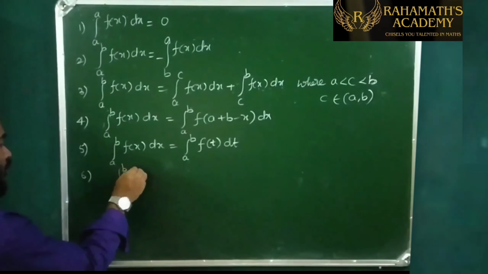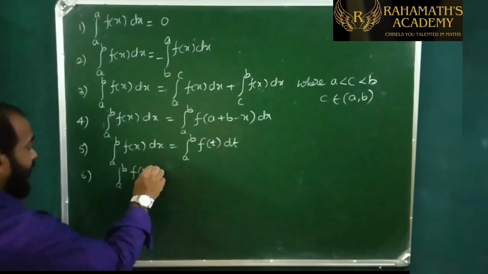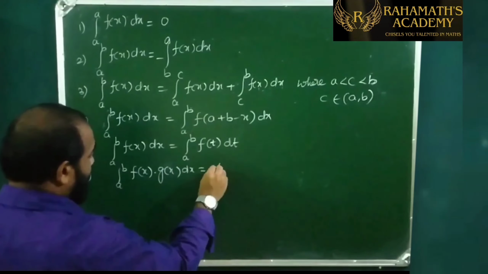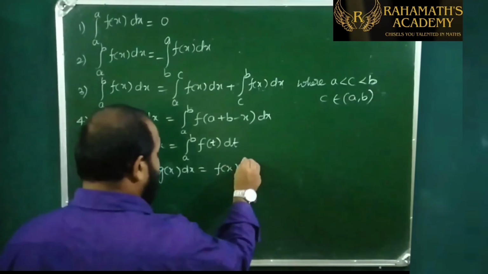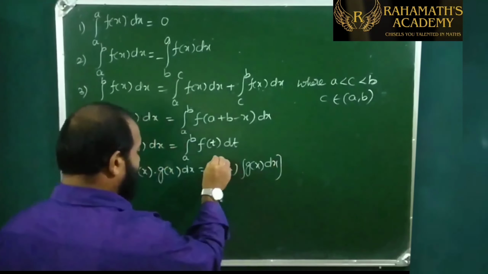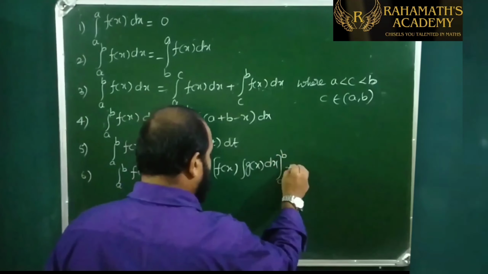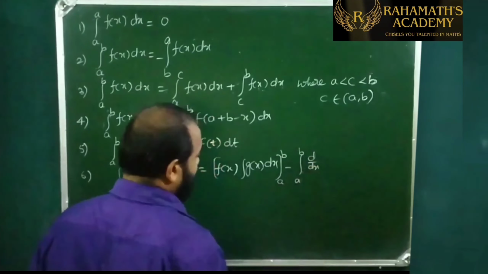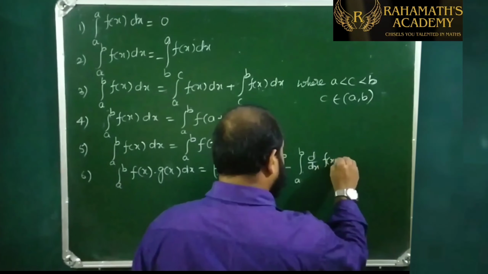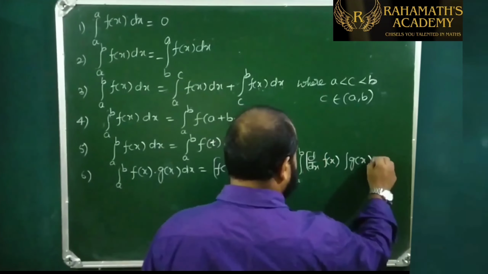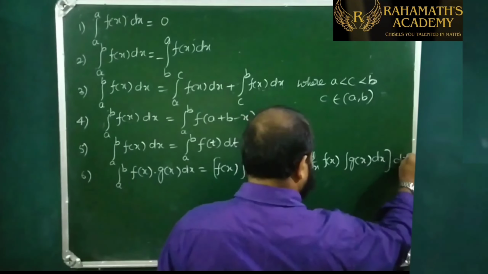Integral a to b f of x into g of x dx is equals to f of x into integral g of x dx from a to b minus integral from a to b d by dx of f of x into integral g of x dx whole dx.